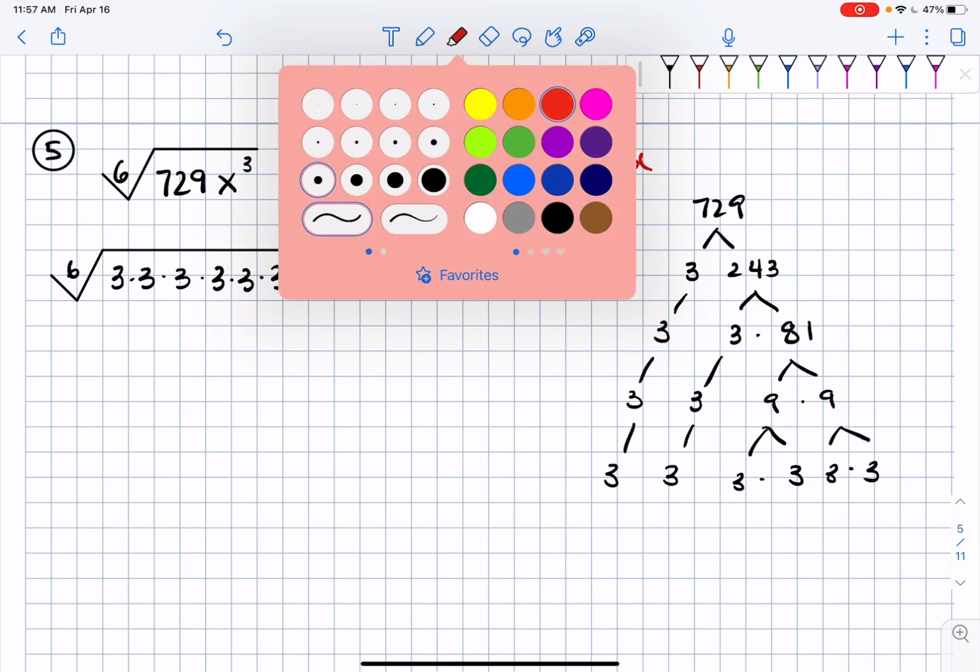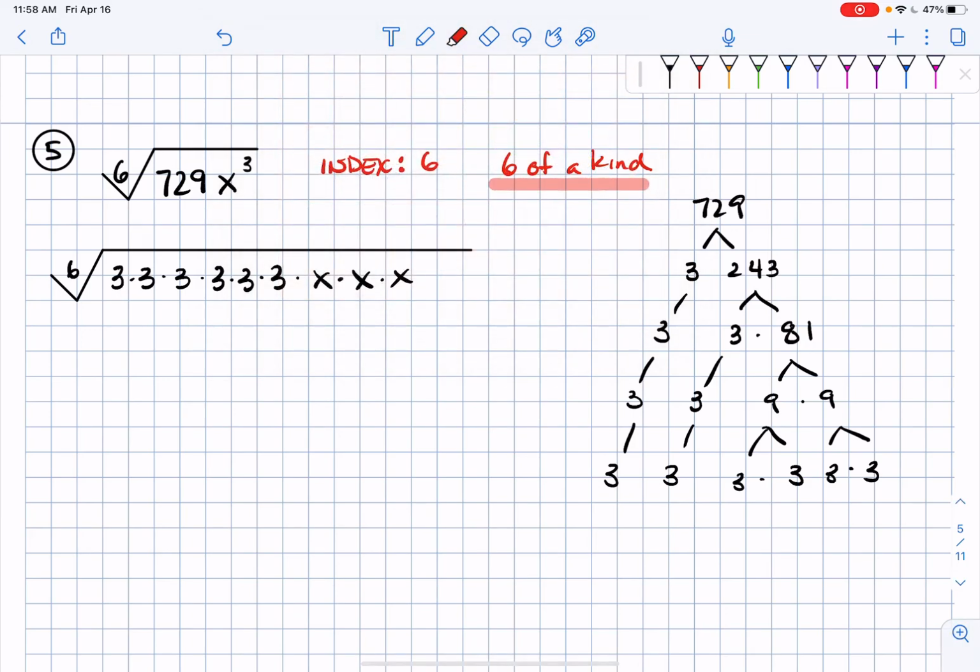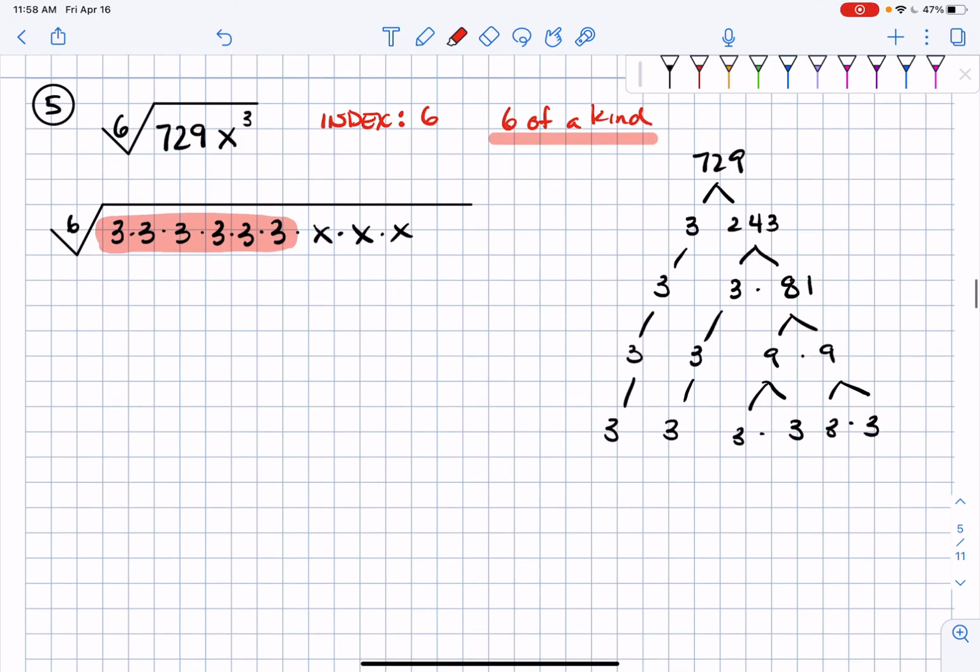Since I'm looking for 6 of a kind, right? I got 6 of a kind right here. Right? And that's it. So that gets to come out. And there's not enough x's, so the x to the 3rd stays inside.